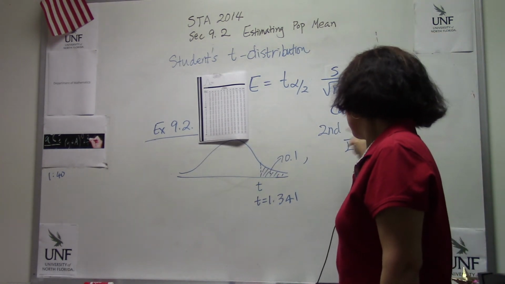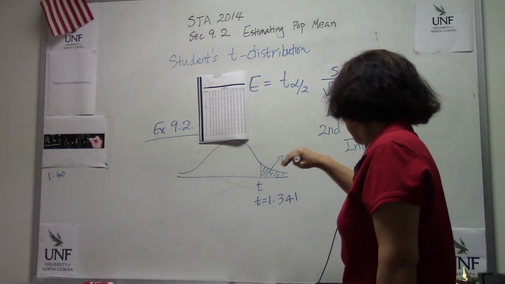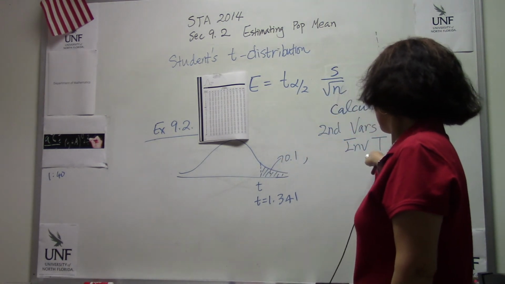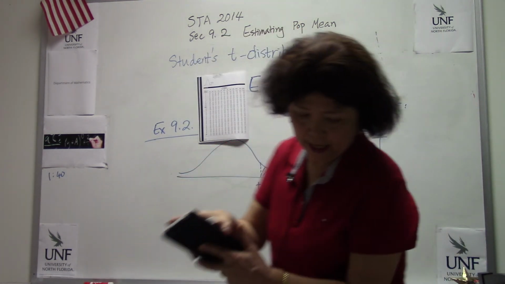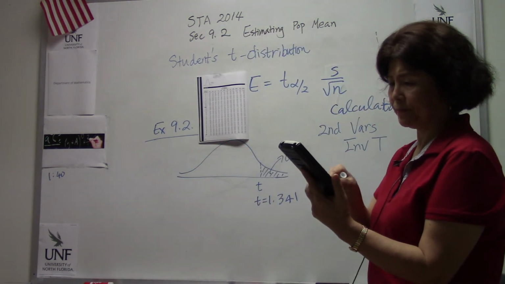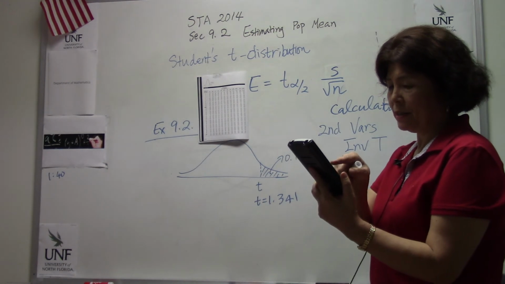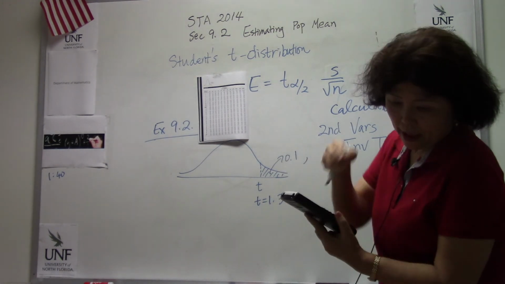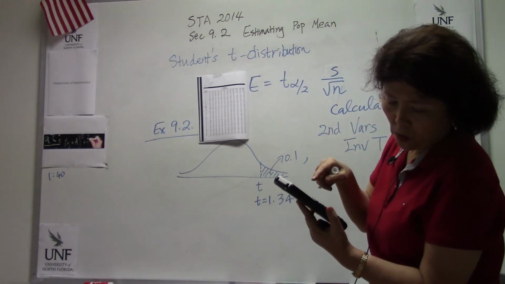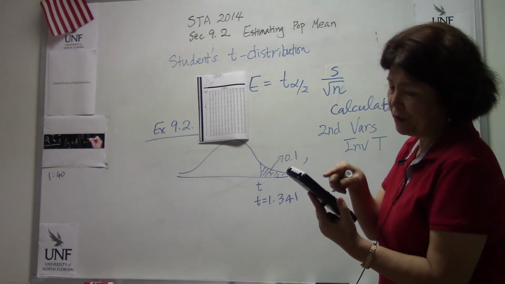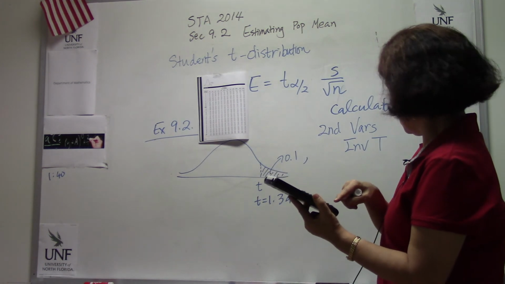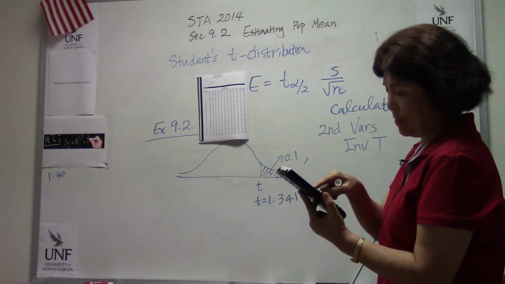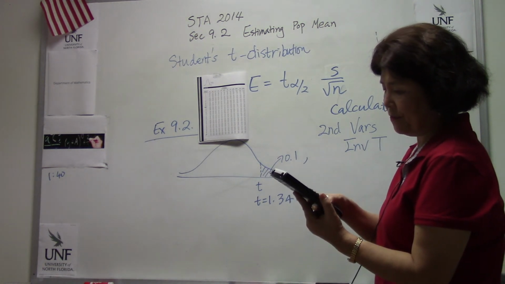This time it is a t value, therefore we are going to do invert t. Go to second bars, all the way down, and find invert t, and then area is 0.1 and df is 15.